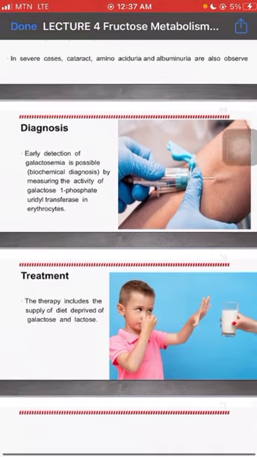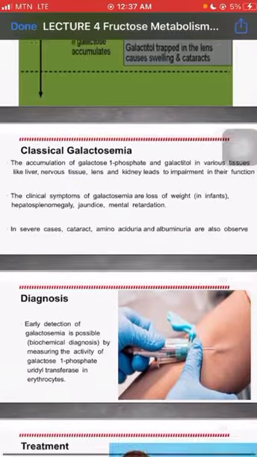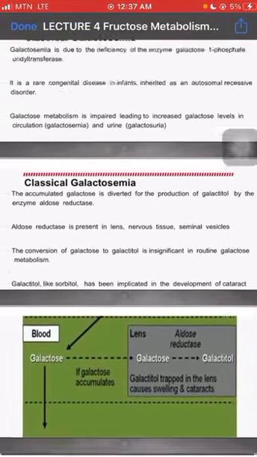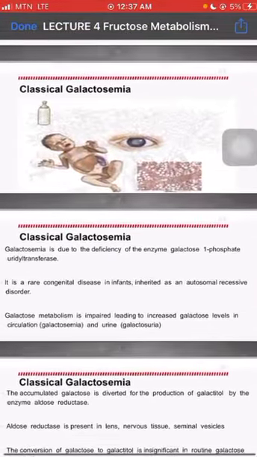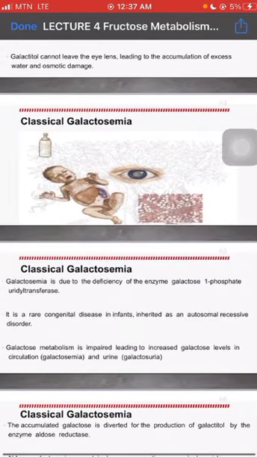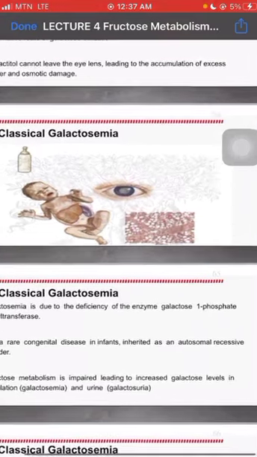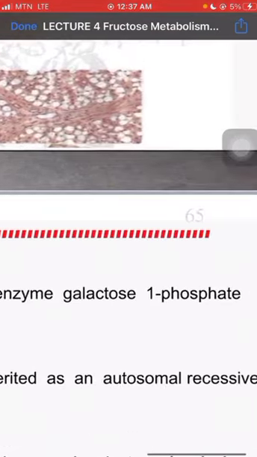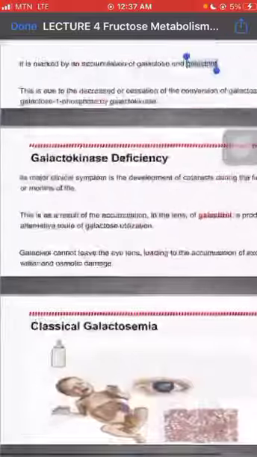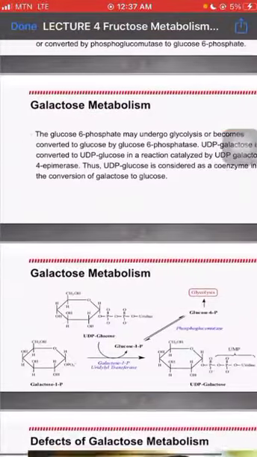Yes, so that is classical galactosemia. So put that in mind. Mostly classical galactosemia happens when you are deficient of the enzyme galactose 1-phosphate uridyl transferase. Galactose 1-phosphate uridyl what? Transferase. This is the enzyme that was converting what?